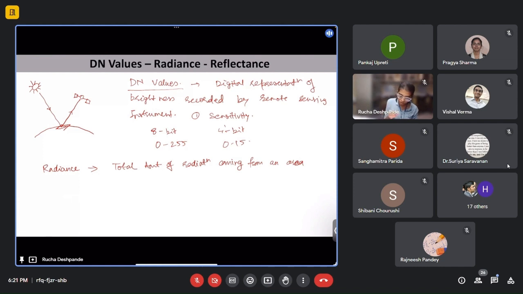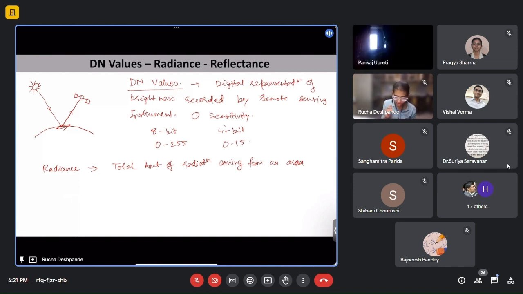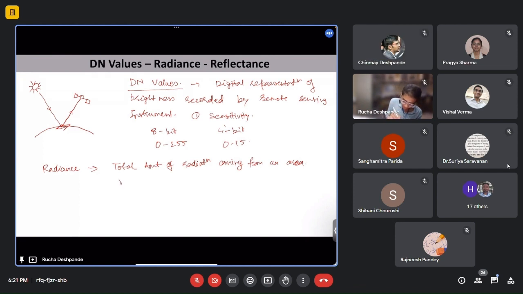So this includes the scattered energy or reflected energy or anything. So this has the units of watt per meter square per steradian.